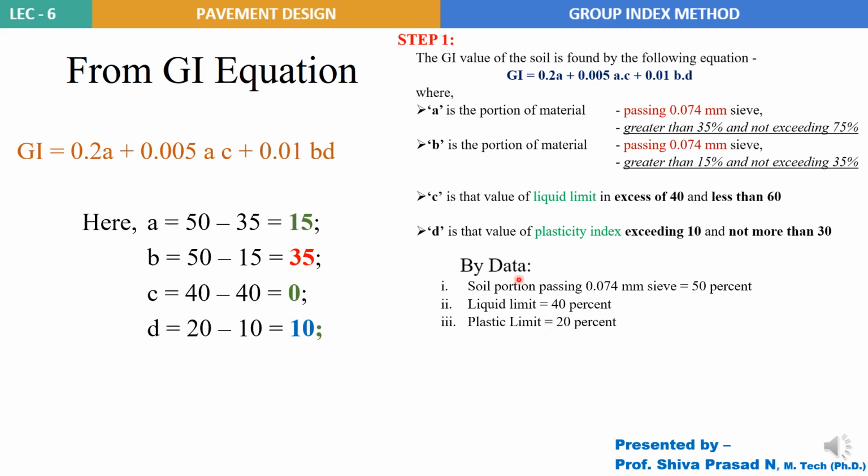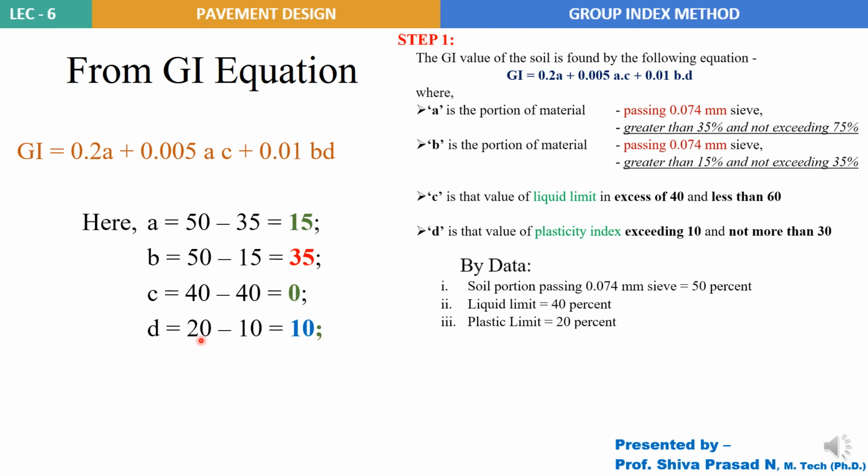Next, D. D is the value of plasticity index exceeding 10 and not more than 30. The plasticity index value, if you observe, we had already found. It's nothing but liquid limit minus plastic limit, that is 40 minus 20.